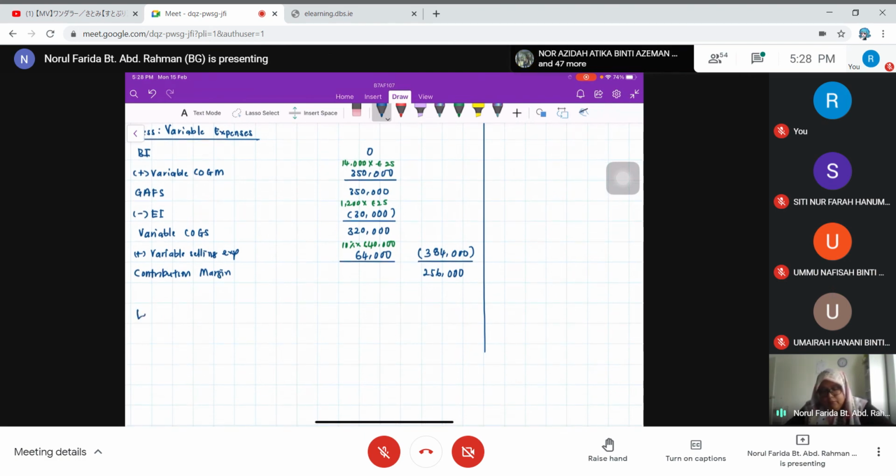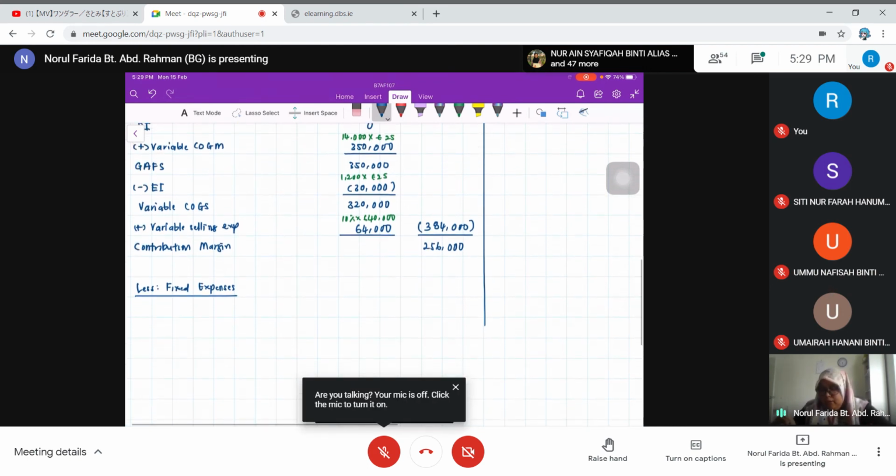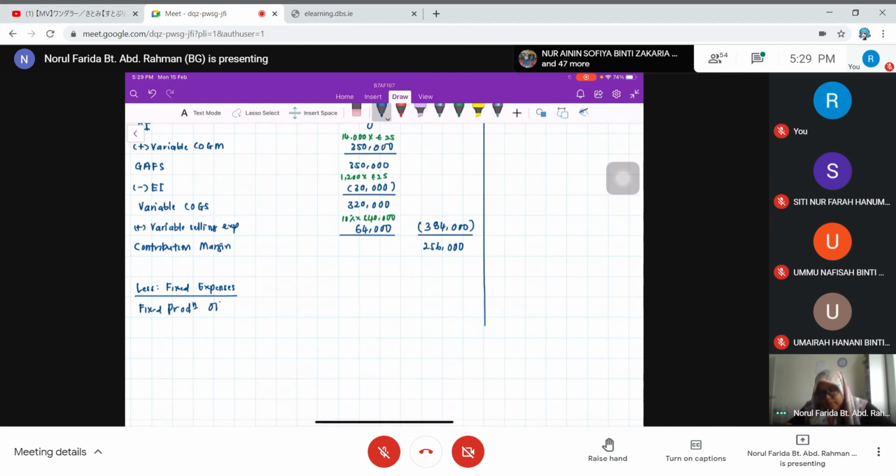Okay, contribution margin. Alright, and then kita baru tolak dengan kita punya fixed expenses kita lah. Okay. Fixed expenses. Kita ada fixed production overhead, 99,000. And then kita ada fixed selling expenses, 14,000.